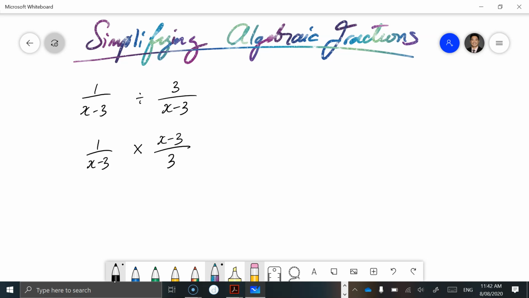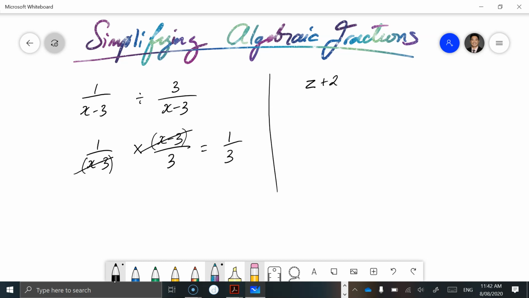That is the only extra step that you do beforehand, and everything else afterwards is exactly like you would do with multiplying fractions. So here we have a common set of factors, x minus 3 and x minus 3, and all you're left with is just 1 over 3. So same thing with this set.